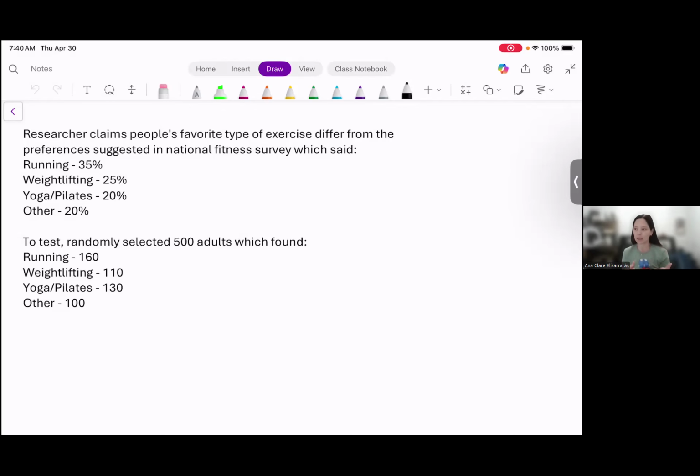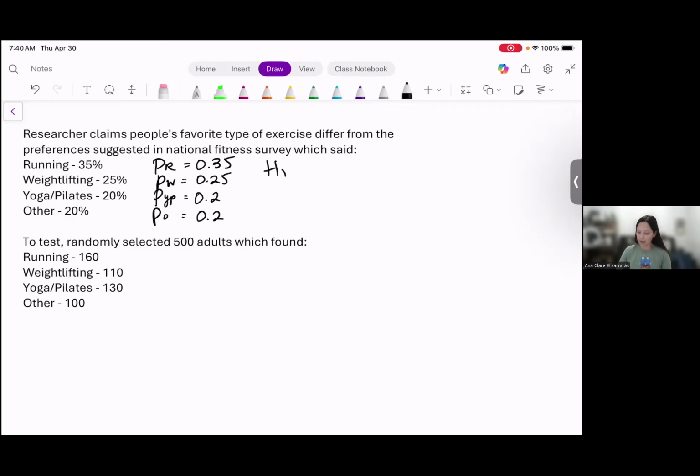So if we wanted to test a claim, we need to figure out how we want to write this. We could write this using symbols, which some people do, where this is the proportion of running, this is the proportion of weightlifting, this is the proportion of yoga or Pilates, and this is the proportion of other, where the proportion of running was 0.35, weightlifting was 0.25, yoga Pilates was 0.2, and other was also 0.2.